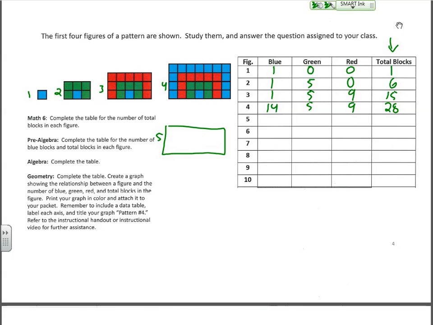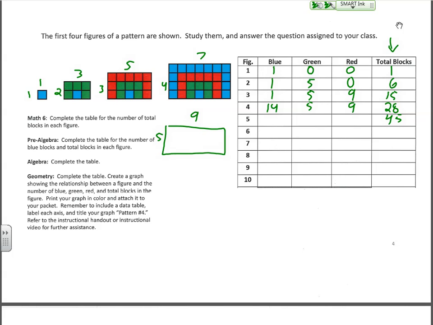Follow that pattern there. And the base, that length, we start with a 1 by 1, then it jumps up 2 to 3, then up 2 again to 5, then up 2 again to 7. So figure 5, we can predict will have a length of 9, which gives us a total block of 45. 5 times 9. Everybody see that there?